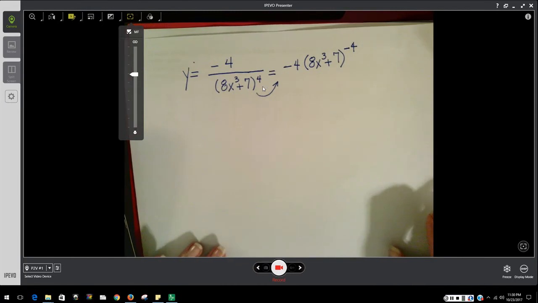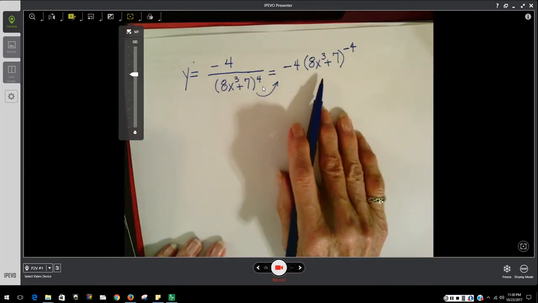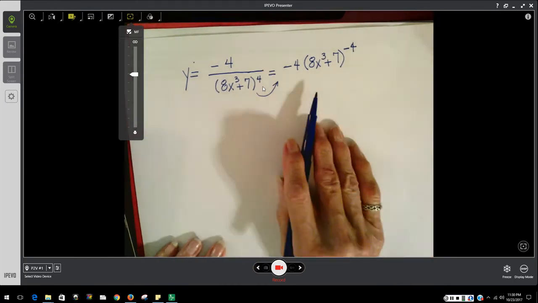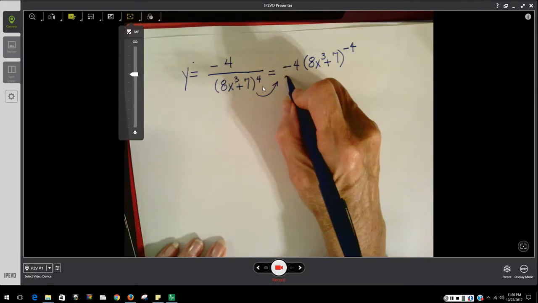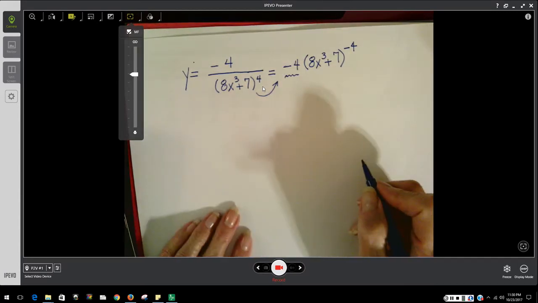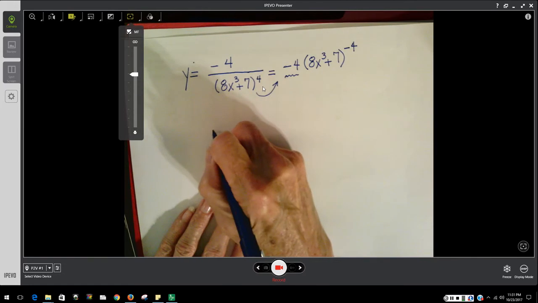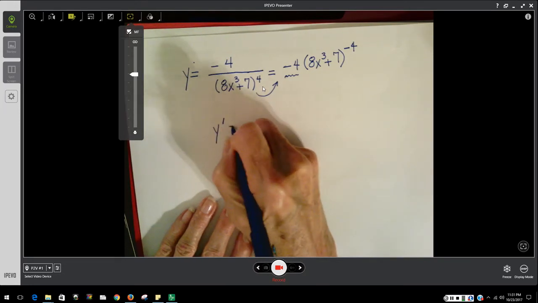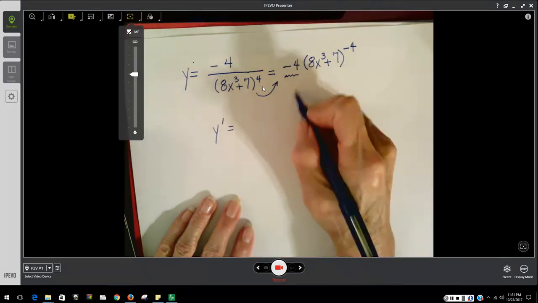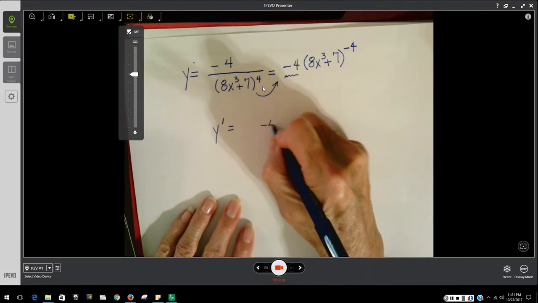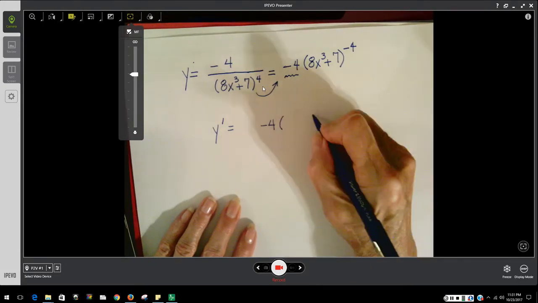So here we have our transformed function. And remembering that this is simply a coefficient of that function, then it's going to act like a hitchhiker. So we're going to bring down y prime equals, this hitchhiker is going to just come down and stay negative 4 in front of that set of parentheses.